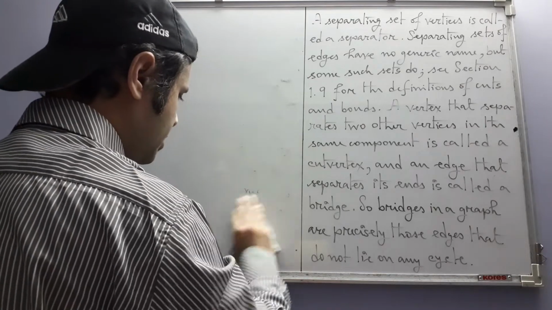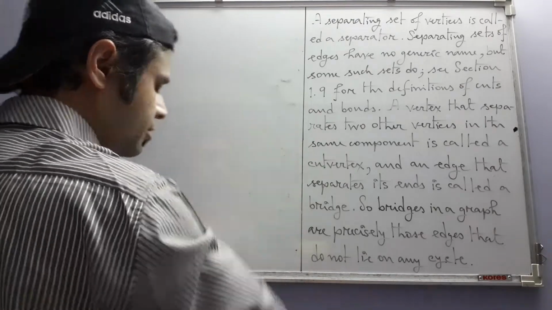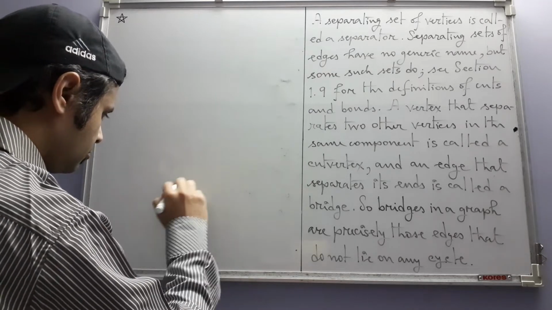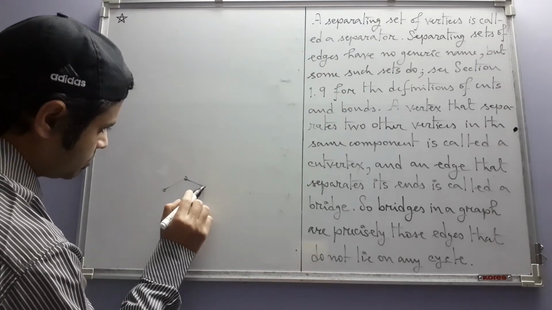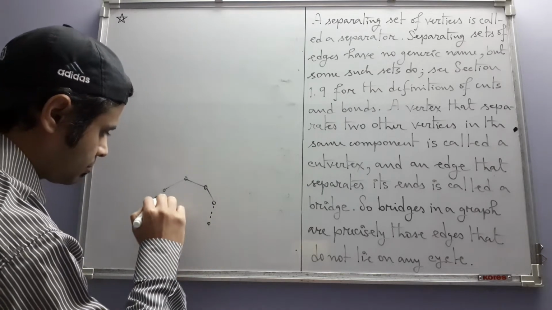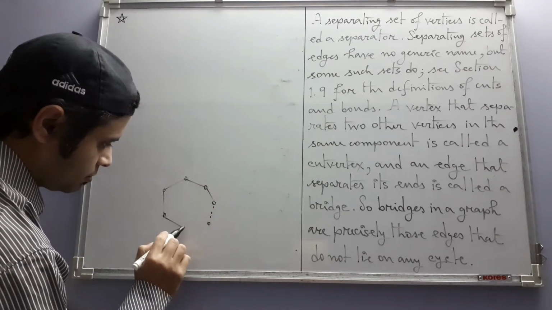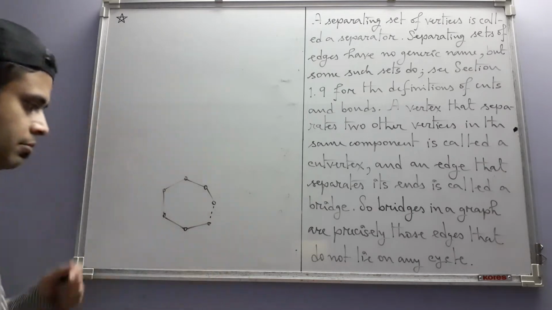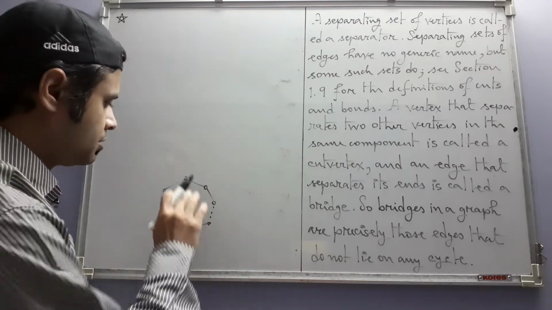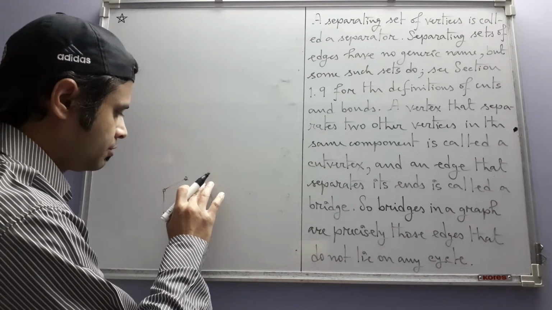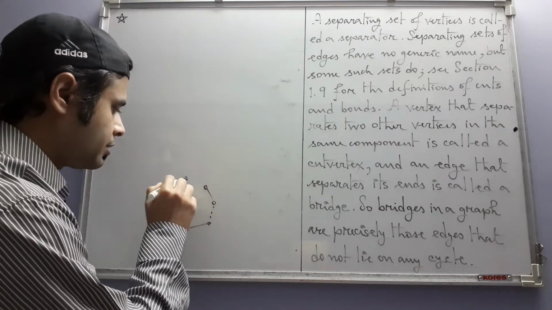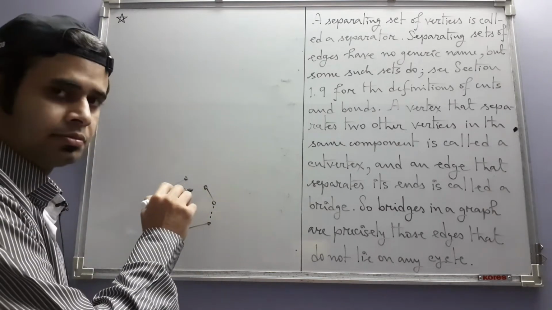So what we have said here in the last line is this: if there is a cycle in a graph, then removal of any edge of this cycle does not separate anything. The two ends are still connected by this path.